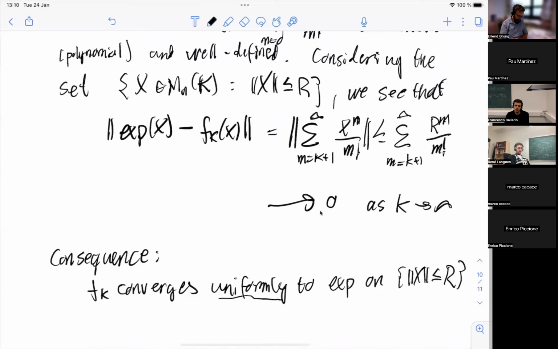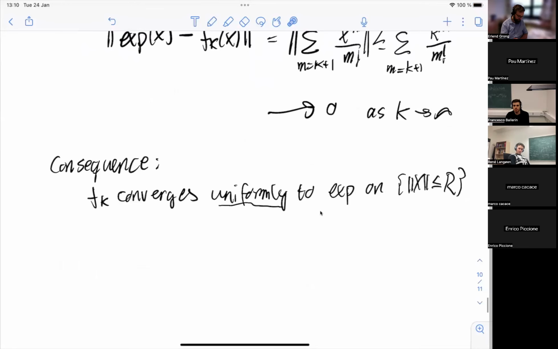Uniformly means essentially that this does not depend on x. And one of the properties of uniform convergence is that if you start off with a sequence of continuous functions that converge to something uniformly, then the final function you get is continuous.